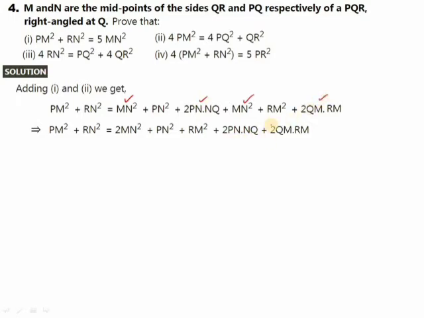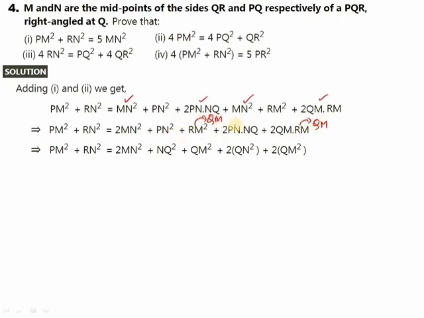Now observe here, PN and NQ, they are same, isn't it? And here also QM and RM, they are same. So in place of RM, let me write QM, and in place of PN I am writing NQ or QN.